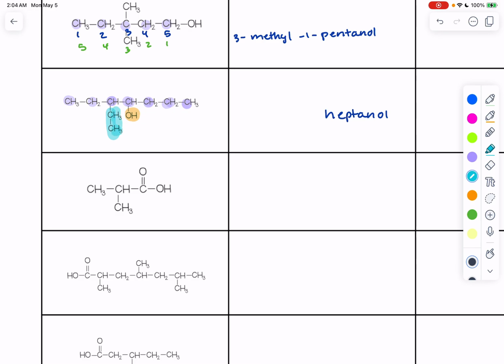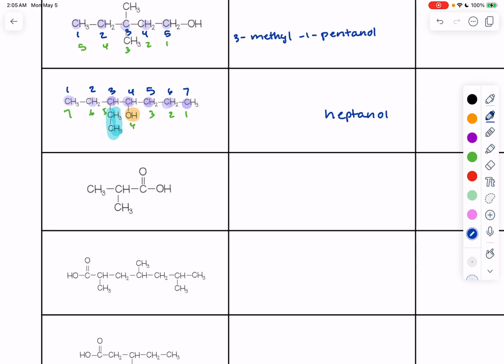So let's figure out which way we're going to number it. If we number it 1, 2, 3, 4, 5, 6, 7, we'll get to the ethyl group first. So I think that's the way we're going to have to number it, because if we went the other way, we don't get to the hydroxyl group until it's at 4.